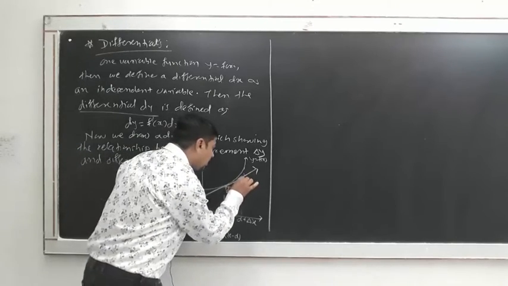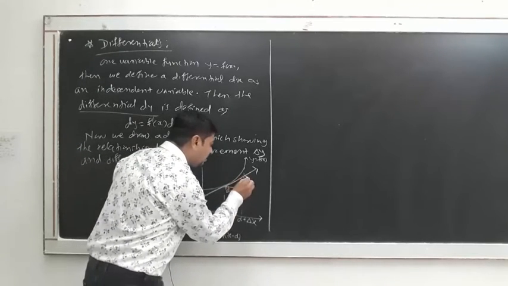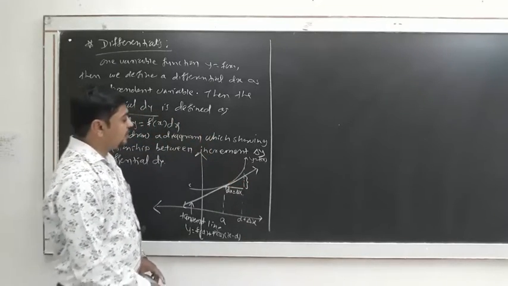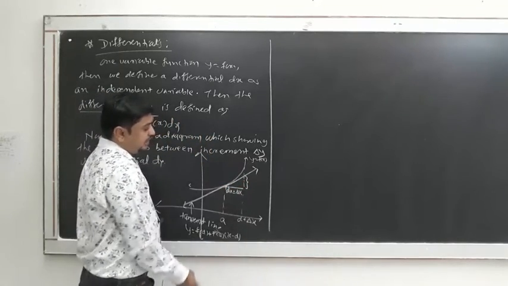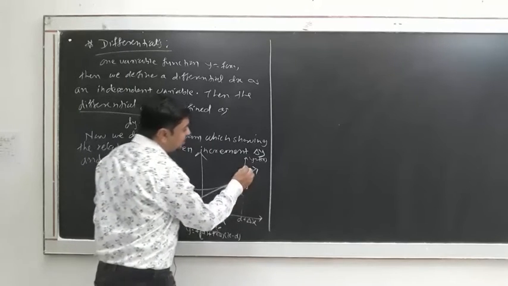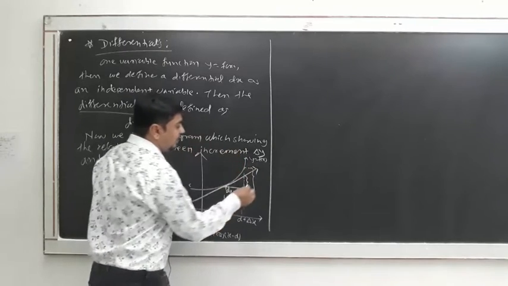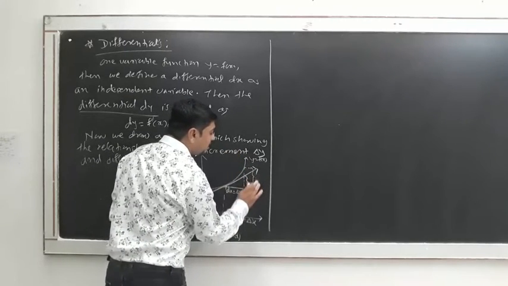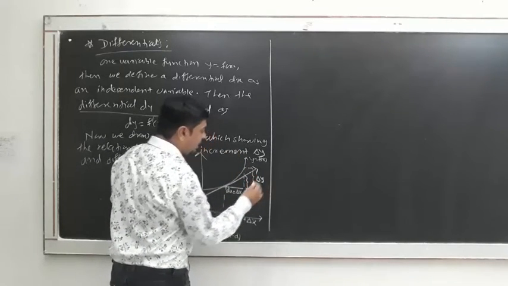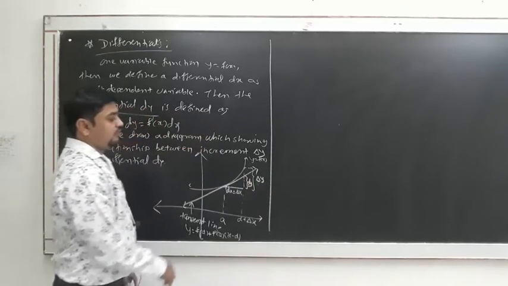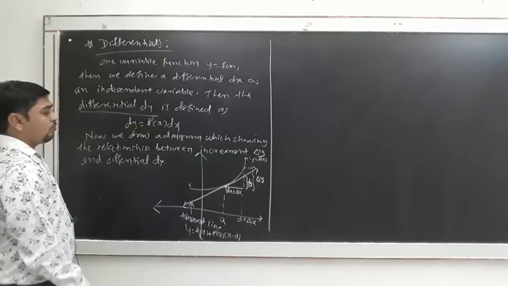But here we are getting two distances, that is the change in height of the tangent and the change in height of the curve. This is one distance, and this is our increment in y, and this is our differential, this is our dy.